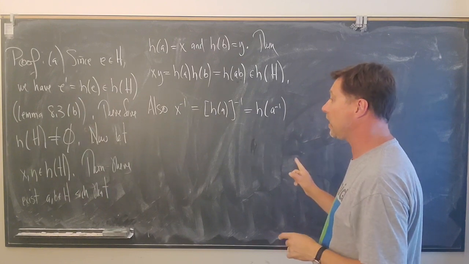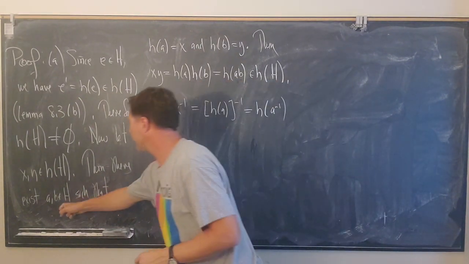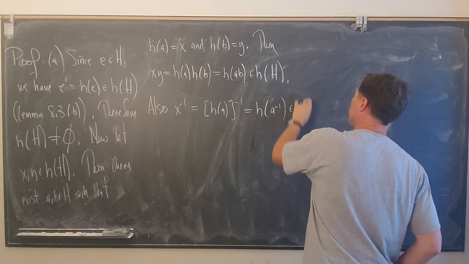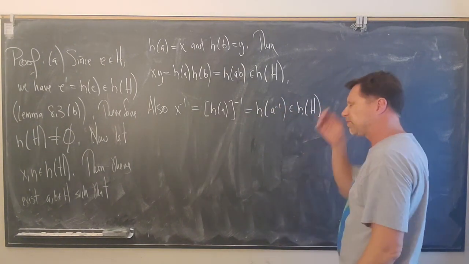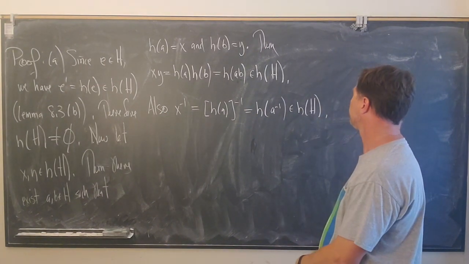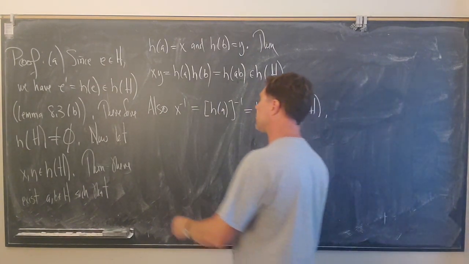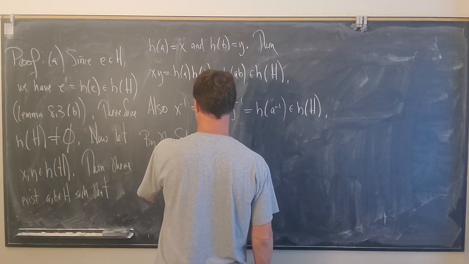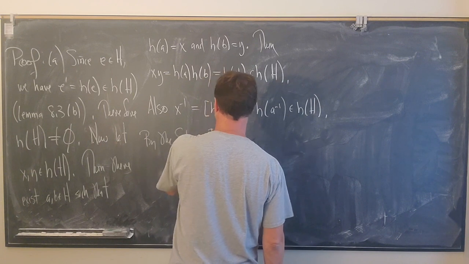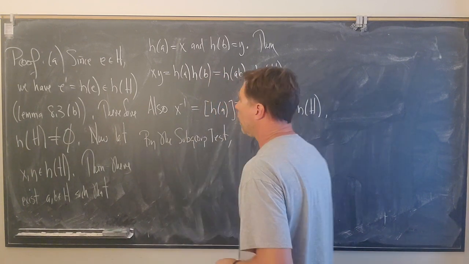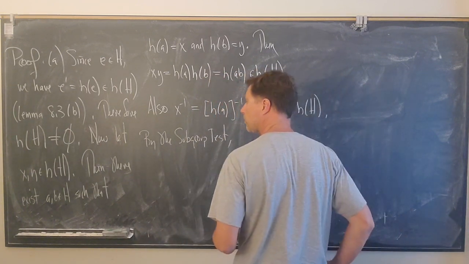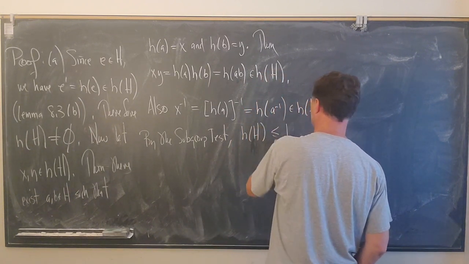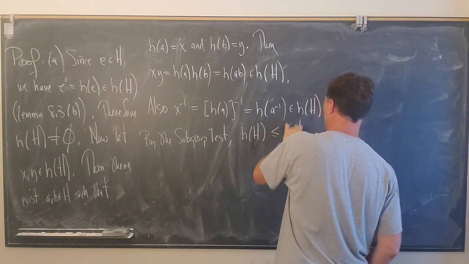And since a is in capital H, so is a inverse. And so that tells us that this is in h of capital H also. Okay, so by the subgroup test, h of capital H is a subgroup of G prime.